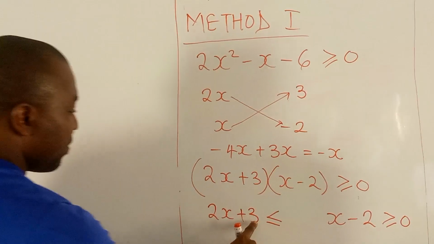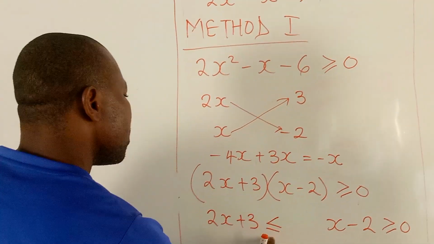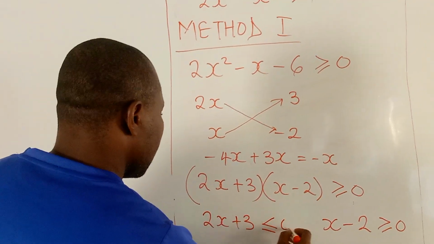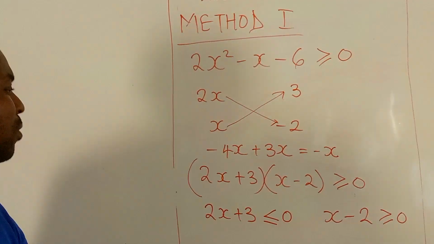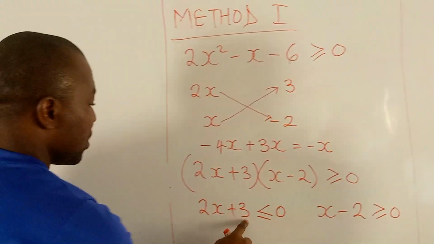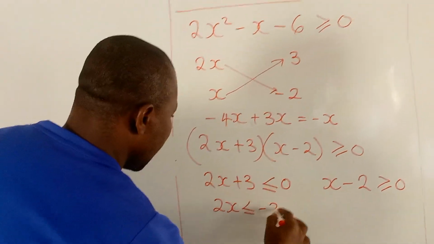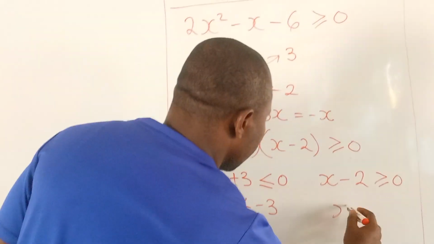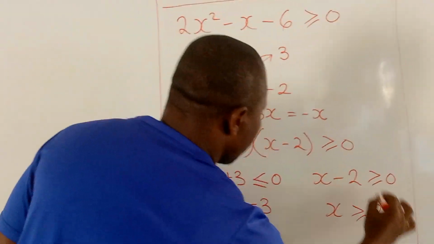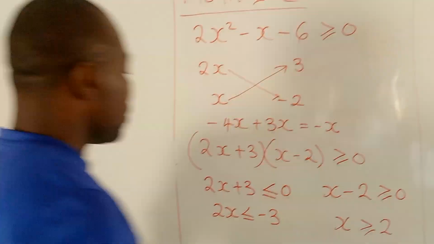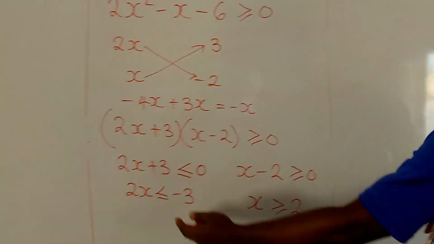From here, if 3 crosses over to this other side, we'll have 2x is less than or equal to negative 3. And x is greater than or equal to 2. For us to have x here, we divide both sides by 2.